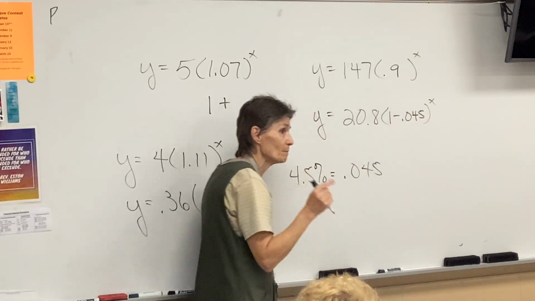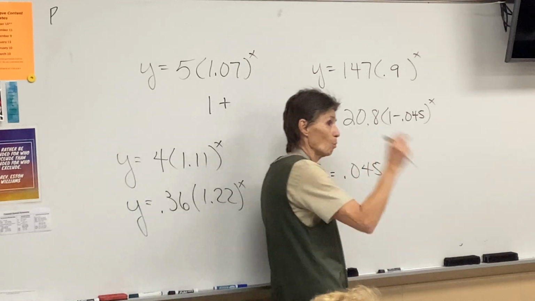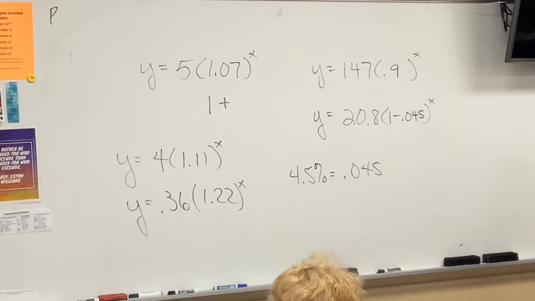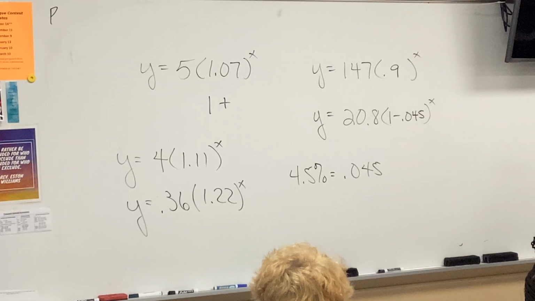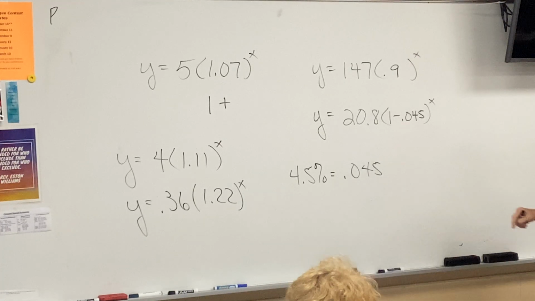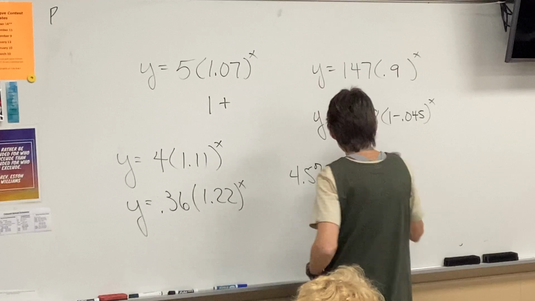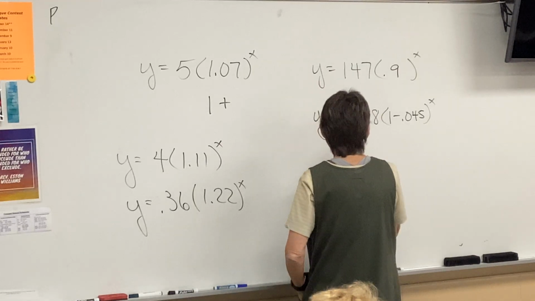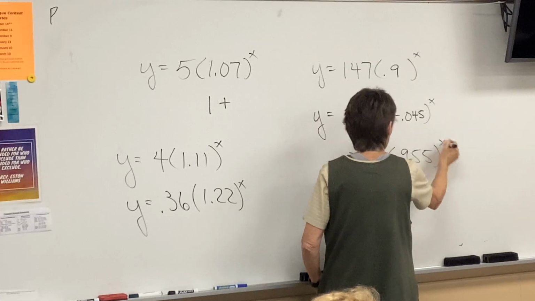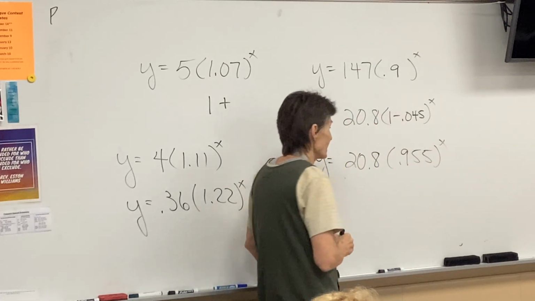Remember, the number in the parentheses is 1 plus the increase or 1 minus the decrease. Every time. 1 is the beginning. Add an increase, subtract a decrease. Well, what is 1 minus 0.045? 0.955? There you go. That's the answer to the question.